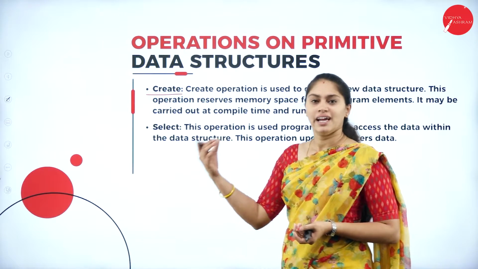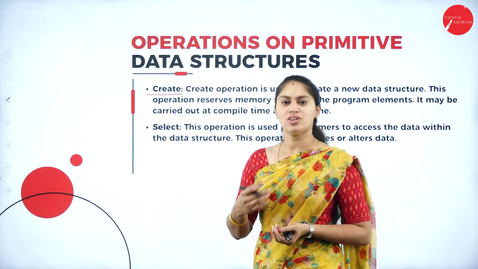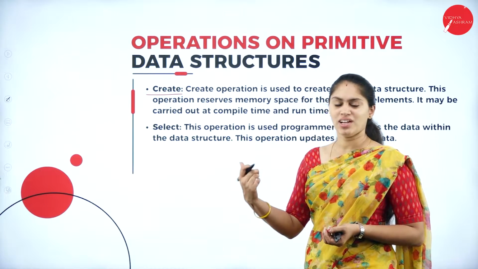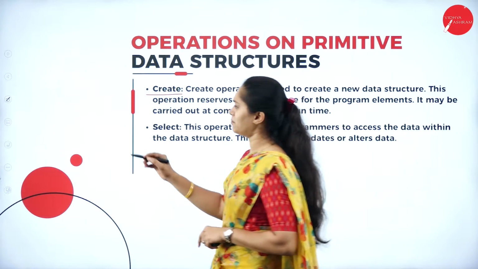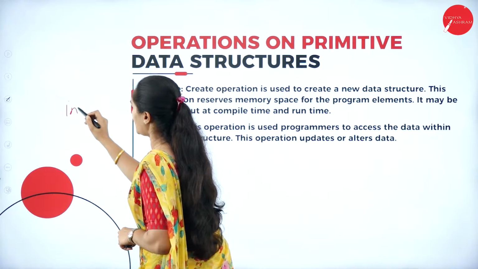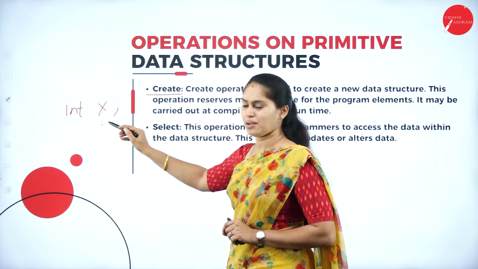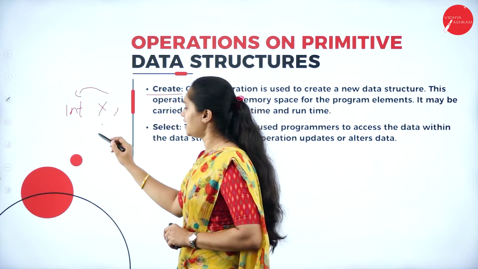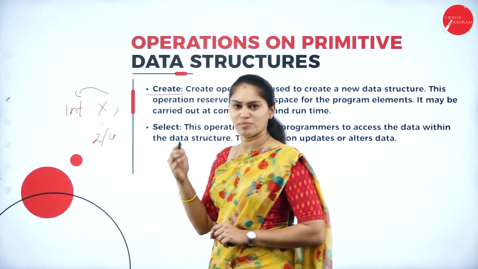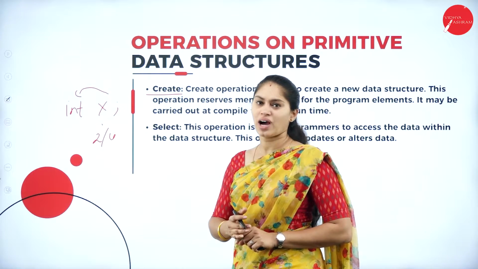Anyhow, integer, float, character, everything comes under the primitive data structure. Create indicates we are creating a new data structure. For example, if I write int x, what do you mean by this? x is a variable of data type integer. So if I write int x, then 2 or 4 bytes of memory will be allocated based on the type of processor you have in your system.